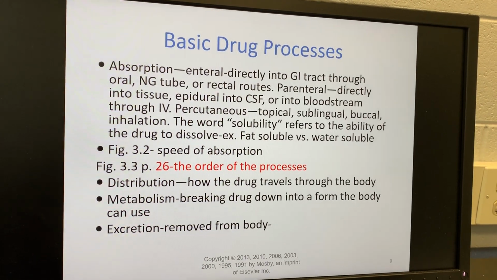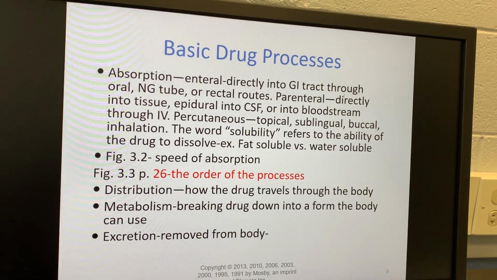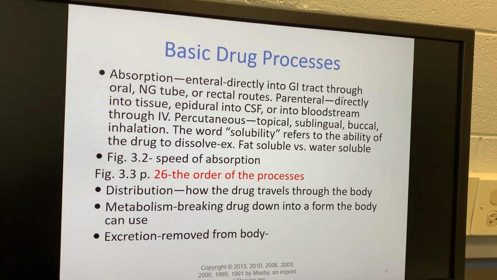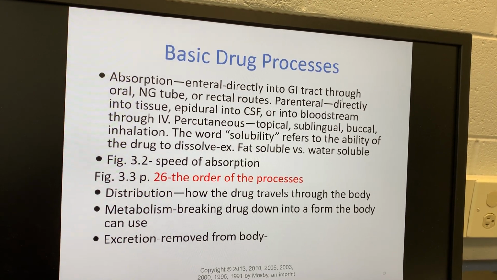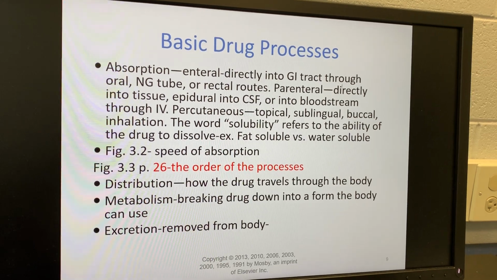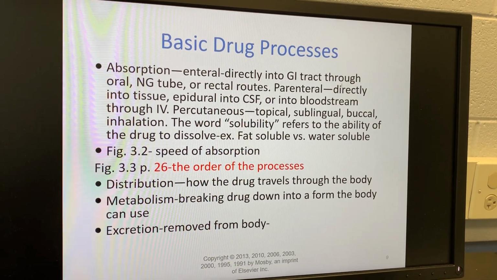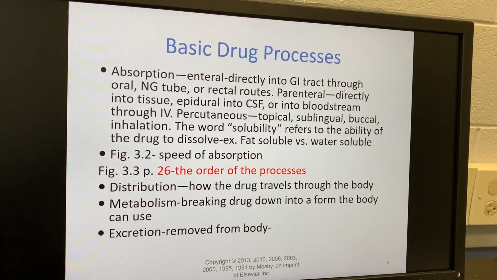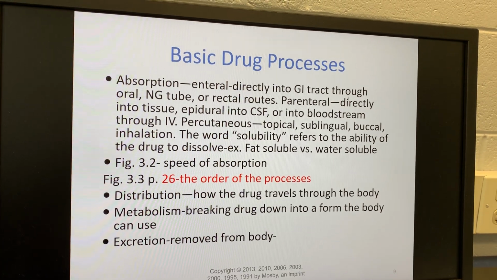But first, if it's taken enterally, it has to be broken down, metabolized, into a form the body can use. You can't just swallow a pill and have it immediately get to the bloodstream. It has to dissolve in the stomach. It has to absorb into the walls of the stomach, into the bloodstream, or down into the small intestine, and then into the bloodstream.